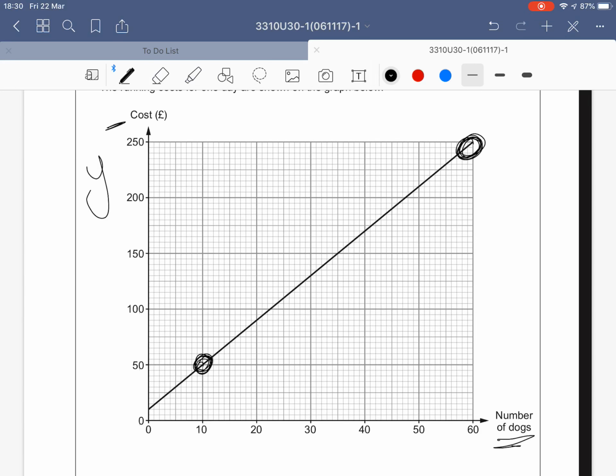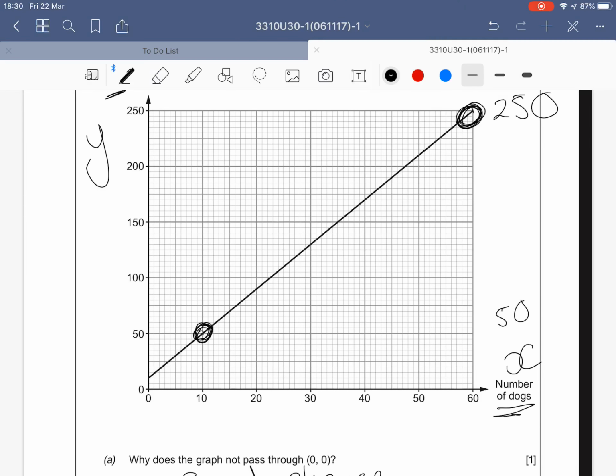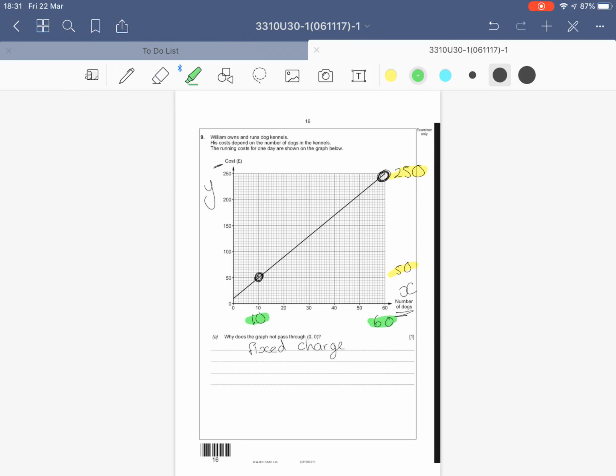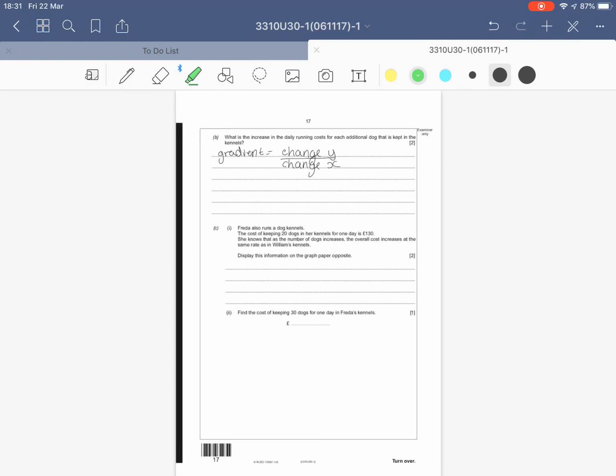So this is my y, this is my x. My y's are 250 and 50, and my x's are 60 and 10. So I want the change in y, 250 and 50, and the change in x, 60 and 10. That's how you find the gradient of a straight line.